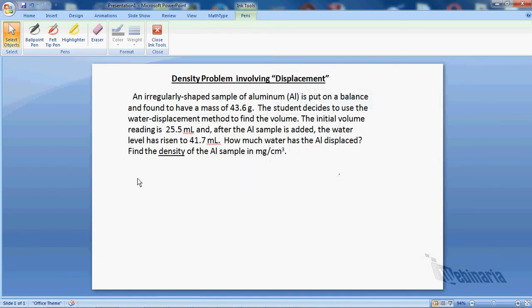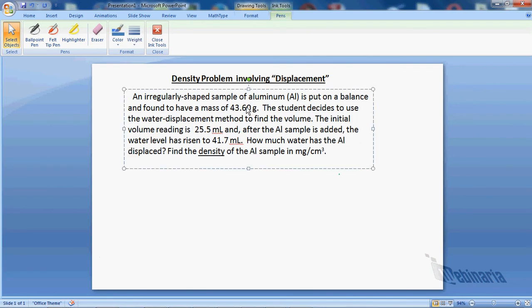Okay, we have this problem that wants us to calculate the density, and we have to use the amount of water that an object displaces to find the volume.